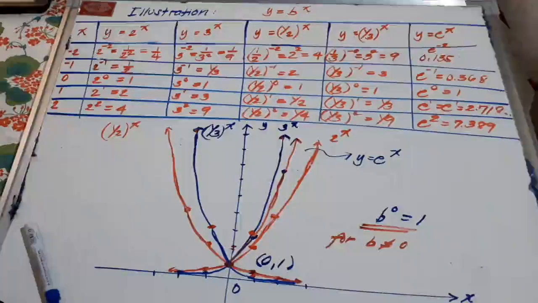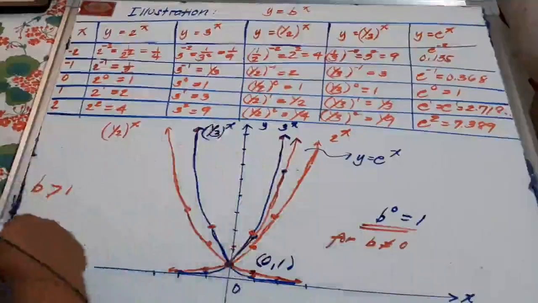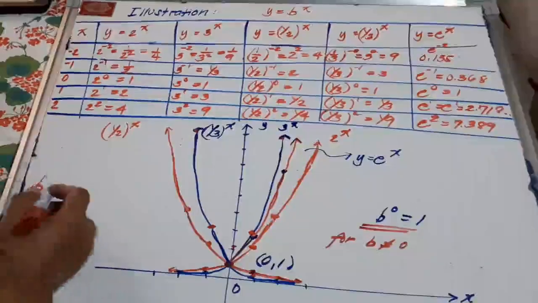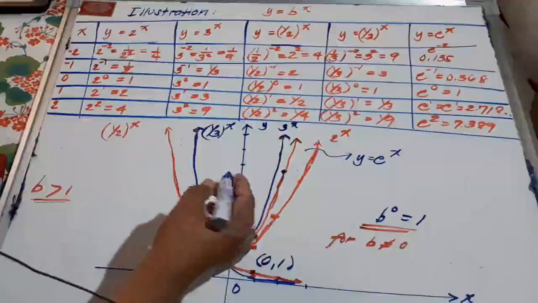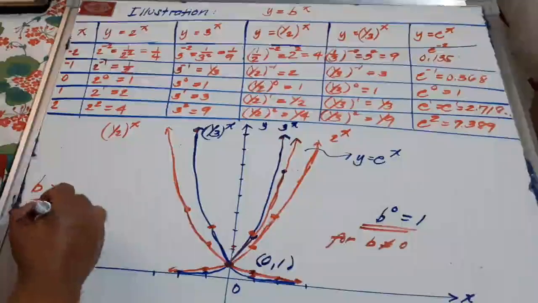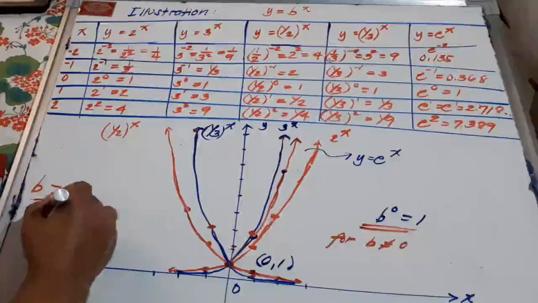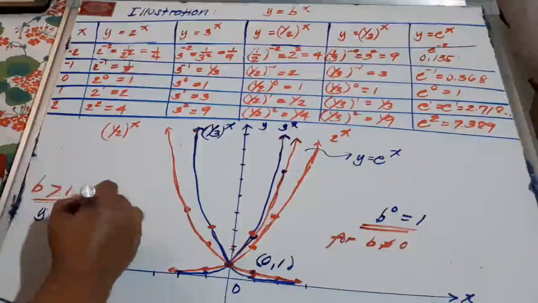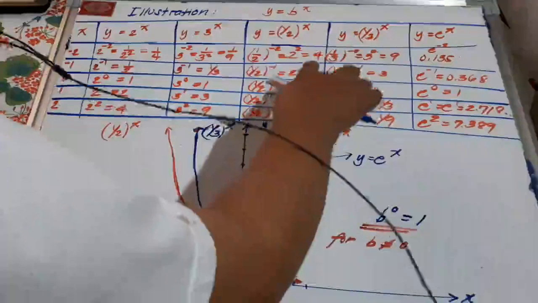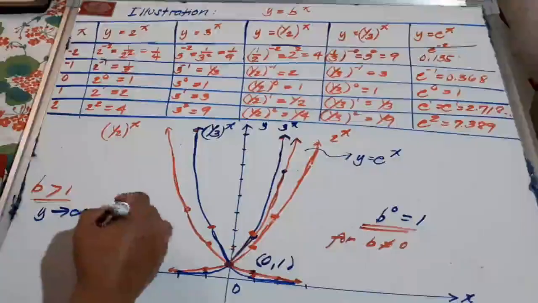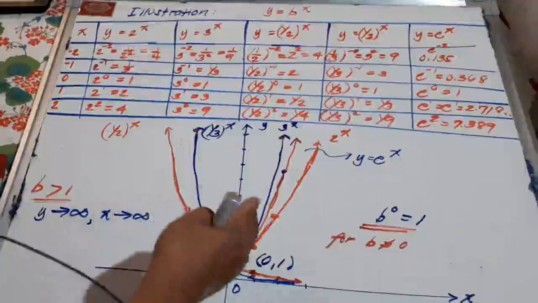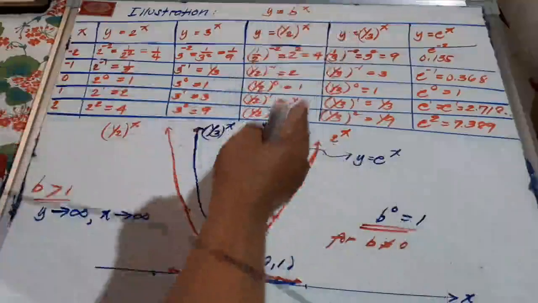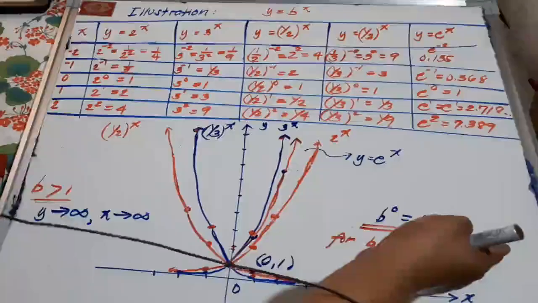Ano pang papansin natin? For values of b greater than 1, anong nangyayari? As y approaches infinity, palaki ng palaki siya doon, yung ating x is approaching to infinity also. Ibig sabihin, habang tumataas yung ating curve, kumakanan din siya. Okay?